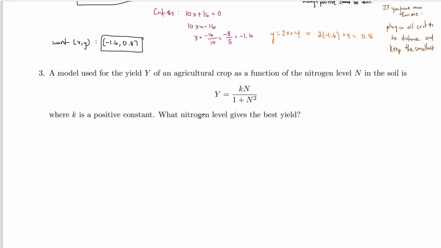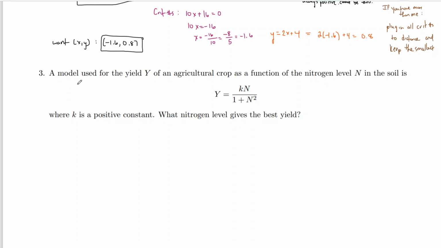This is just an application from, let's say, a biology type of thing, or chemistry based on the problem, whatever you're reading, but it's already given us the formula. So we just have to focus on the math. We don't have to come up with this formula. And I have no idea how to do it anyway, because I don't know anything about agricultural crops.